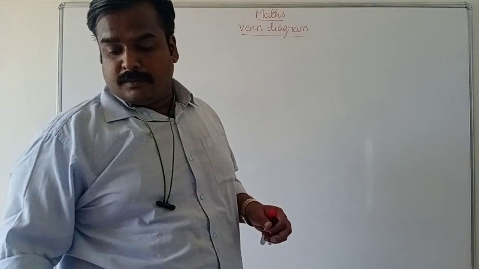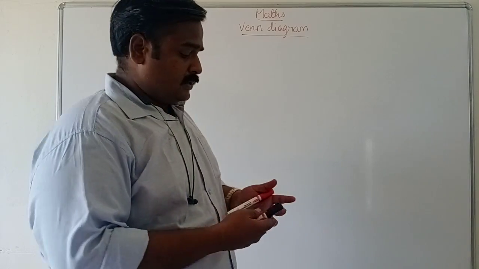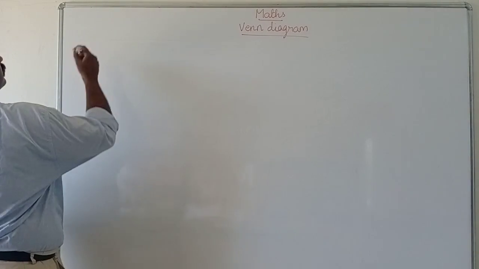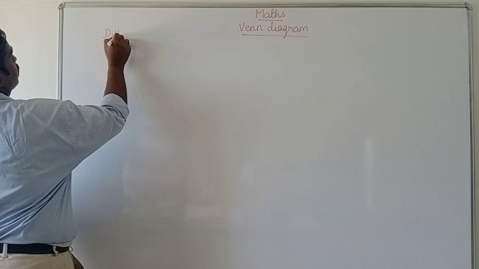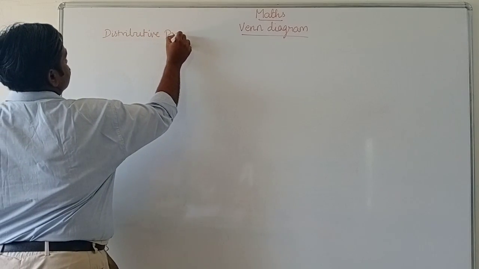We have completed commutative, we have completed associative. The next one is distributive property. So what is distributive property?